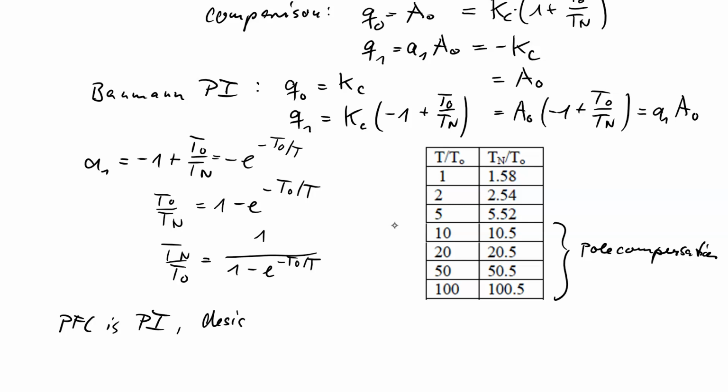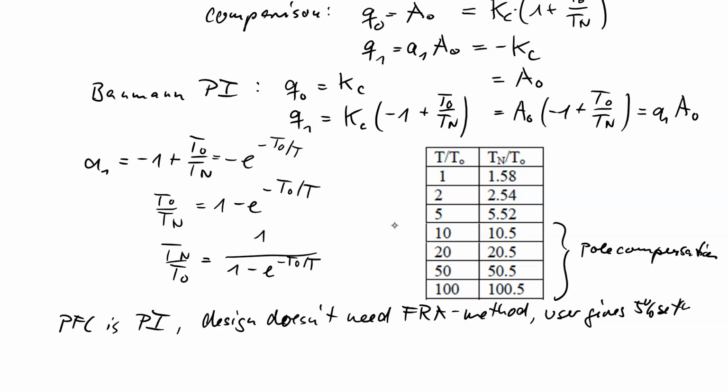Design doesn't need FRA method also. User gives 5% settling time, and Tn is selected with pole compensation.